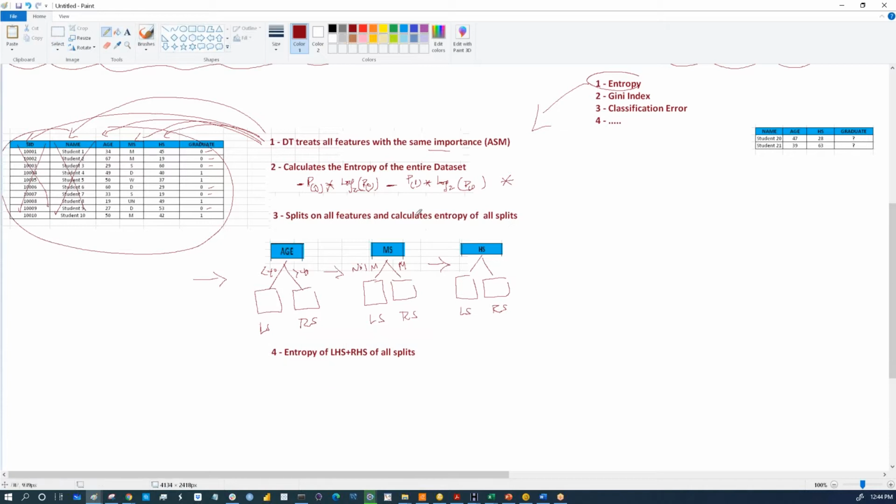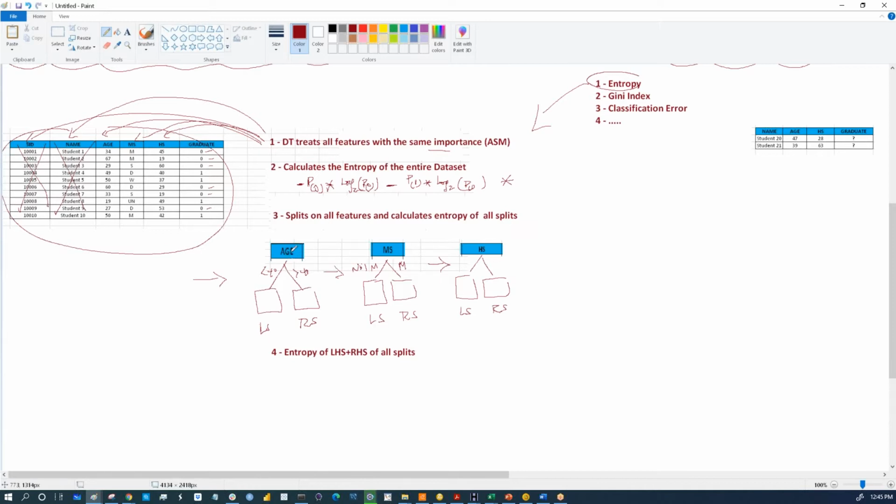So basically, for example, for age, we have greater than 40 and less than 40. It is going to do the set of less than 40, do the function on that, and then do the same thing for the other set, the right side of age. Yeah, let's talk about the age separately.